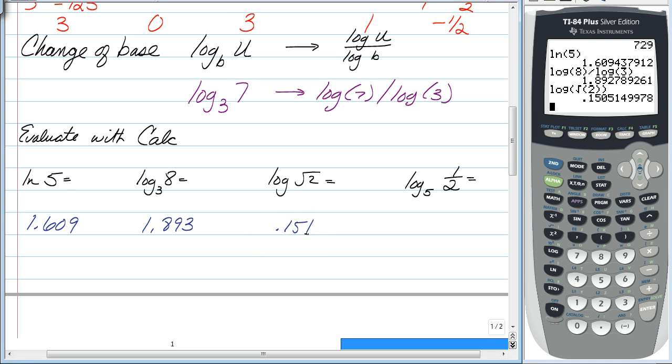And the last one is another change of base. So we're going to do log of 1/2. And we're going to divide that by the log of 5. And you're going to get negative 0.431. Okay? So that's how you use your calculator to evaluate logs.